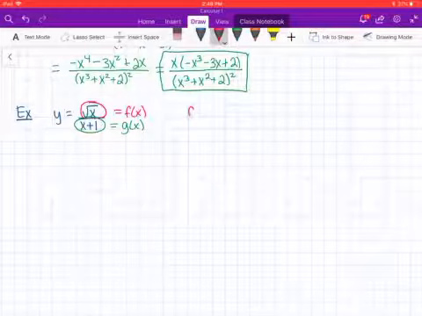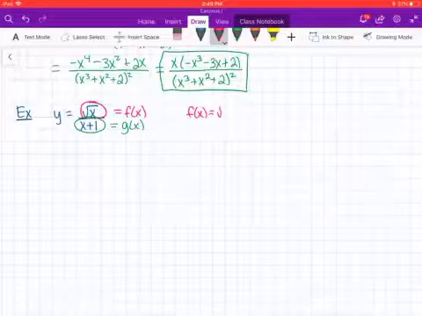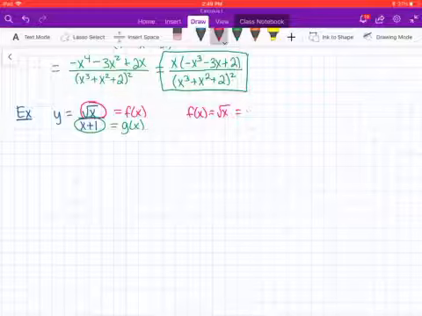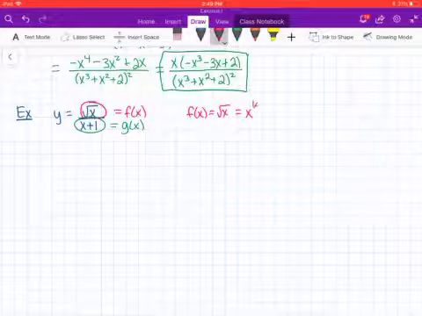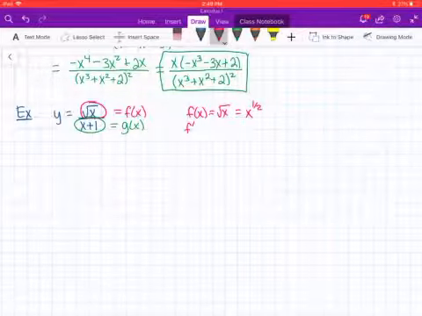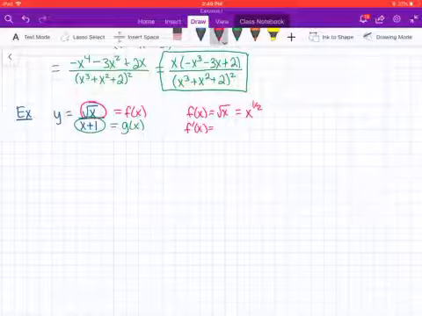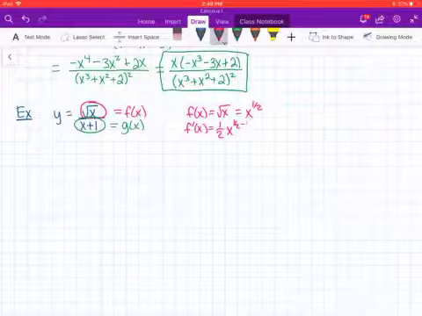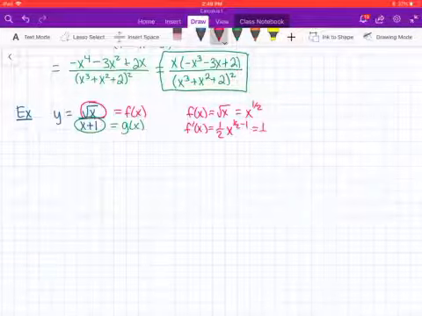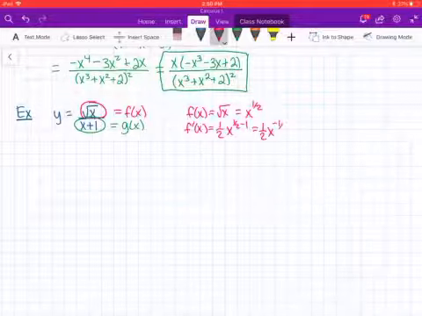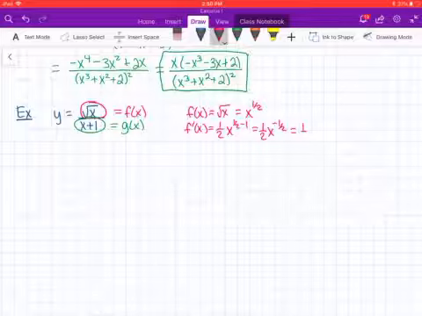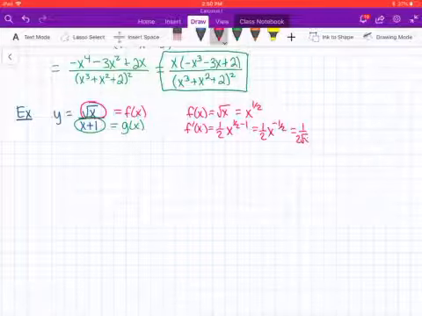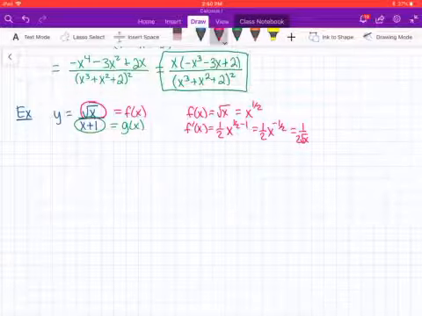We can go off to the side again. Remember, you can write the square root of x as x to the 1/2. We take that derivative. We bring down the exponent. We got 1/2 x, and then we have 1/2 minus 1, which is x to the negative 1/2, which is 1/2 the square root of x. Bring it down to the denominator.